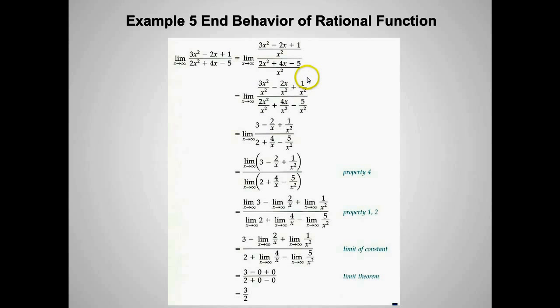And what I want to say is, if we start here and divide by the largest power of x found in either, and we use some algebra to get it down to, say, this point right here, then the rest of this I don't think needs to be documented. So you start here and you'd say, well, look, the limit of the numerator is 3 minus 0 plus 0, which really comes out because of these properties that allow us to break up the limit of a sum into the sum of the limits.